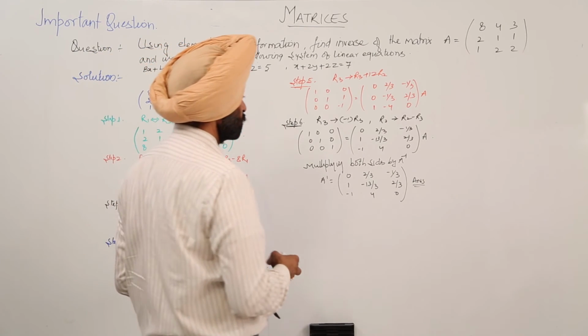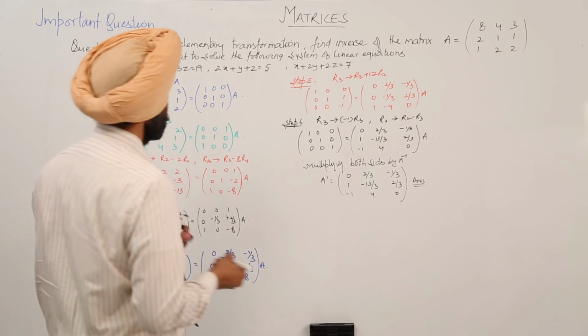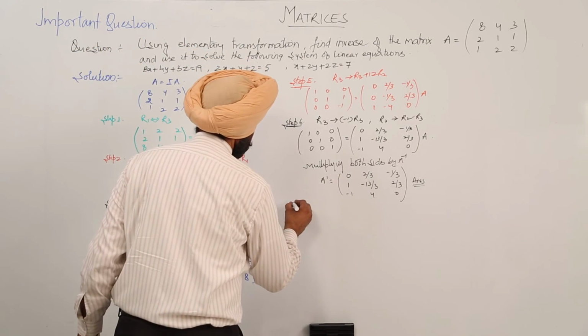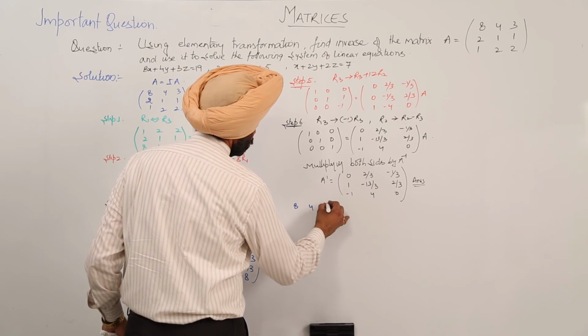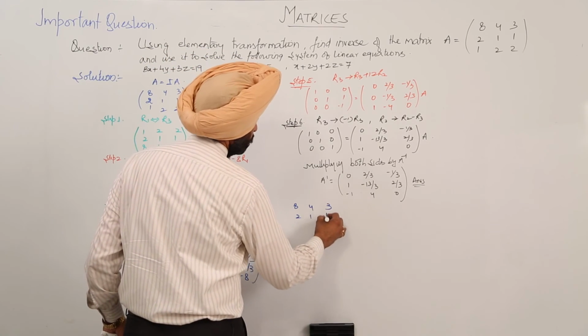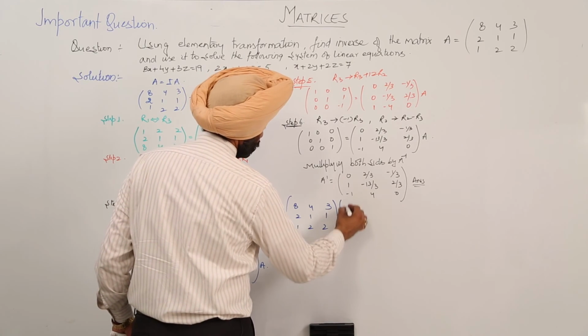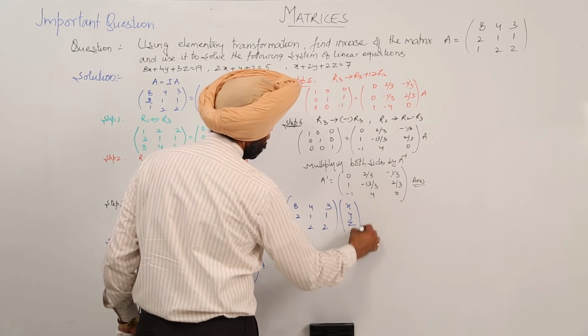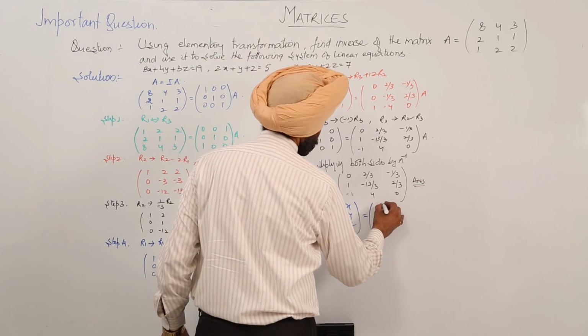Now we have to solve the equations. Now let's write the equation. We are having 8 4 3, 2 1 1, 1 2 2 with x y z is equal to 19, 5 and 7.